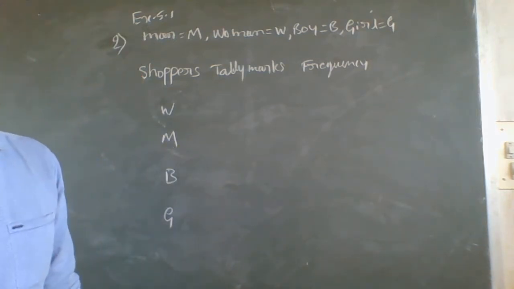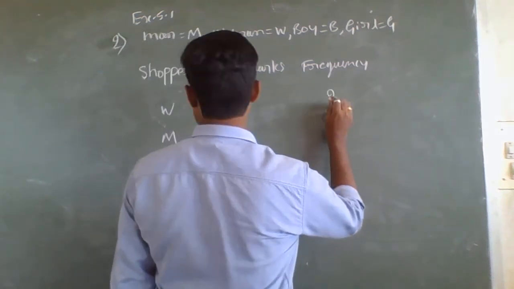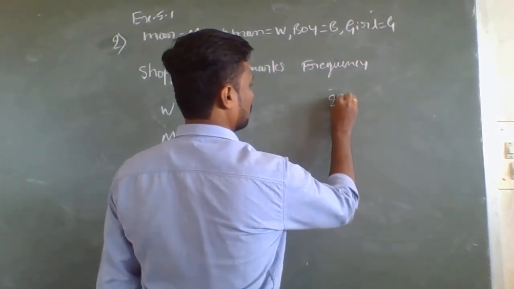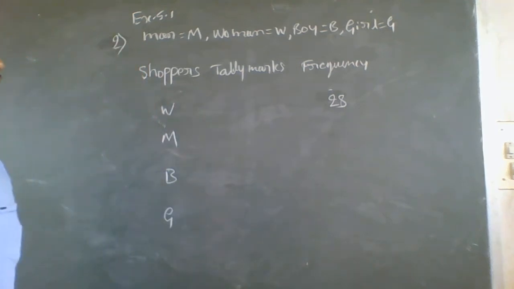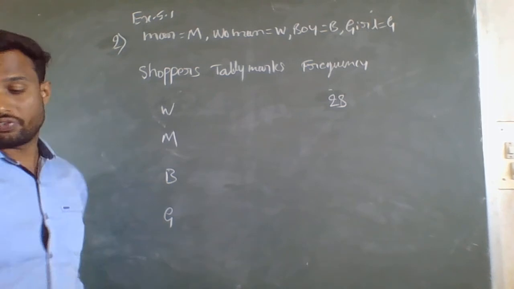There are 28 W's. Here I will write 28 directly.